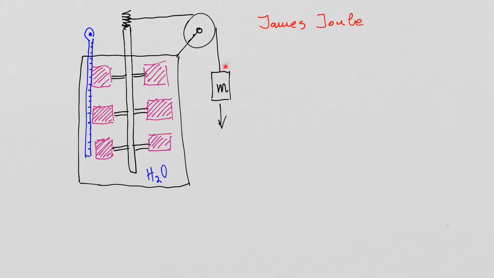So as the mass is falling towards the ground, its potential energy decreases and its kinetic energy increases. As a result, that set of paddles will be spinning faster and faster. And so James Joule attributed this increase in temperature that he measured to the conversion of the energy that the mass acquires as it falls down towards the ground into heat energy of the water.